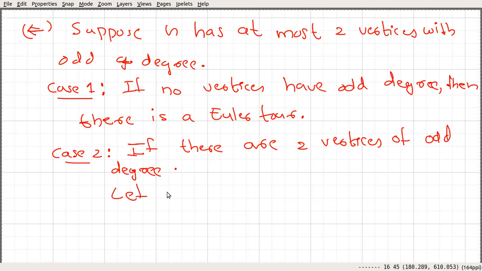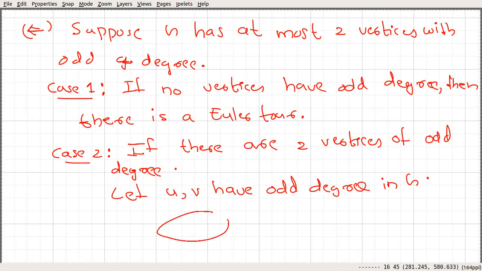Let U and V be the 2 vertices that have odd degree in G. Suppose that this is our graph G, and these are those 2 vertices U and V. What we are going to do is add another vertex, say W, and join U and W by an edge, and V and W by an edge.